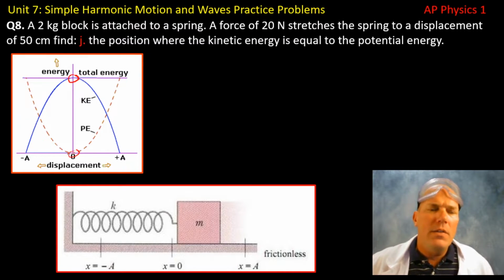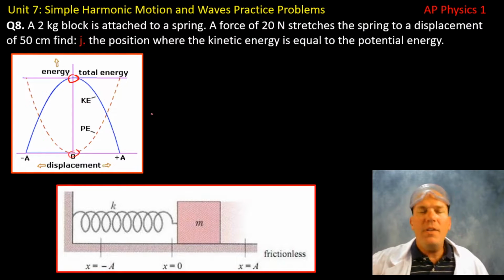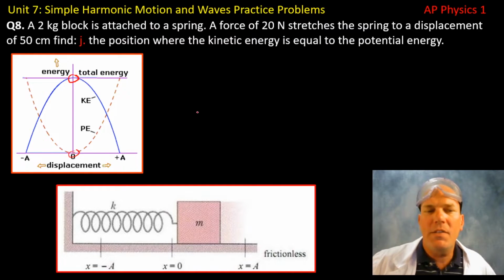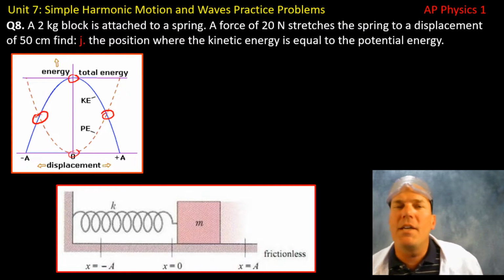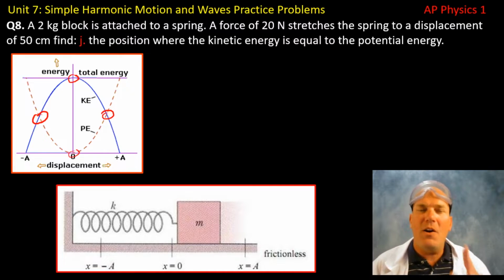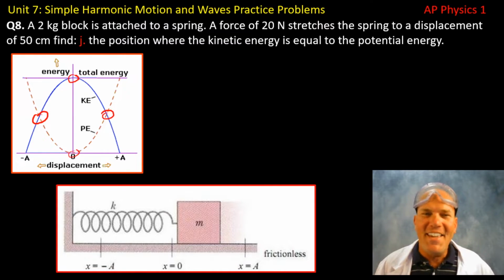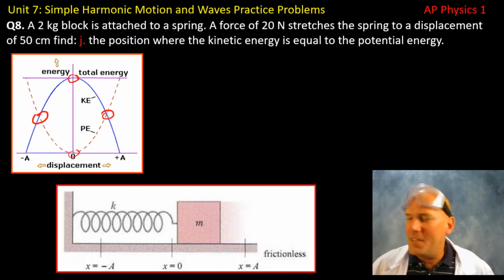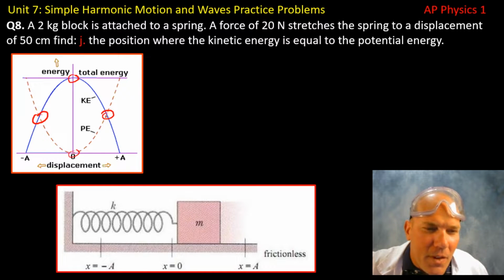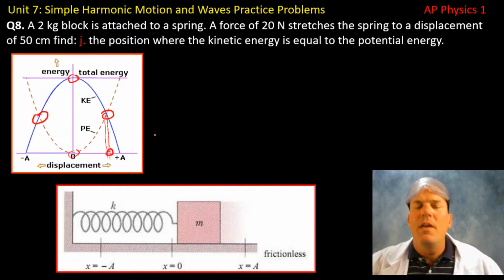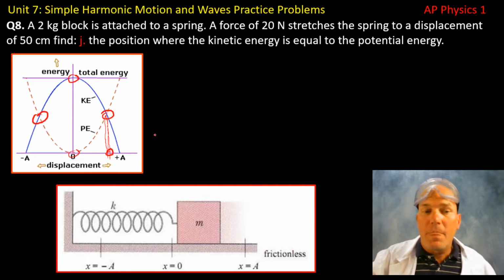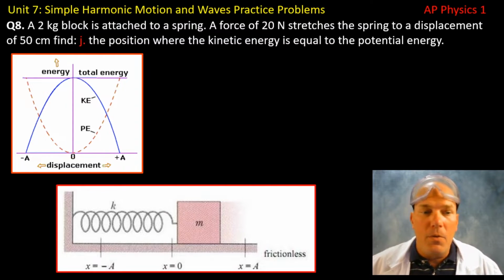So this graph is really cool because not only can we look at symmetry, but we can look at these areas where they intersect, and those are where kinetic energy equals potential energy. And here's what's so cool: it's not at x equals 0.25. It's not halfway through.